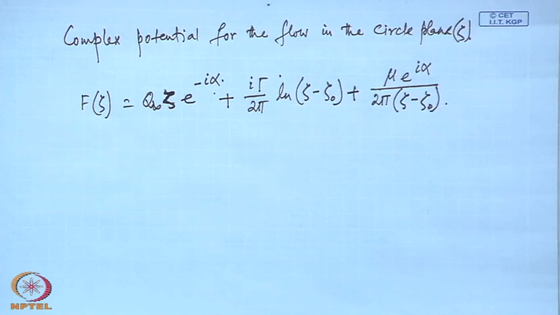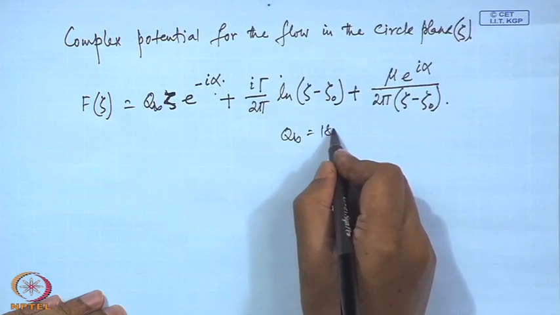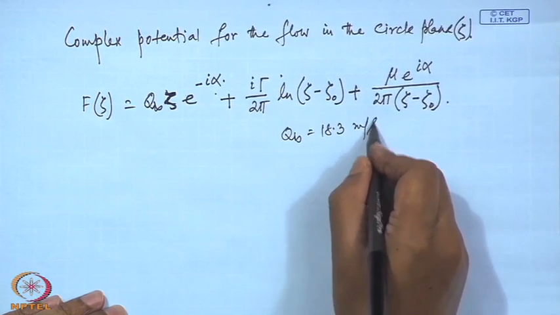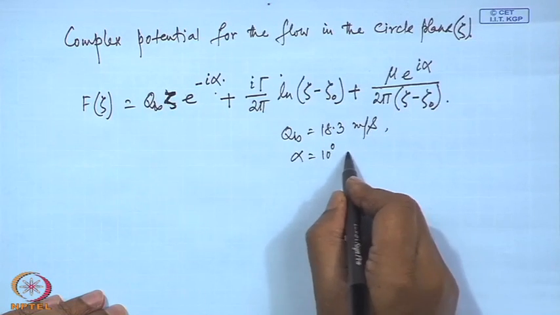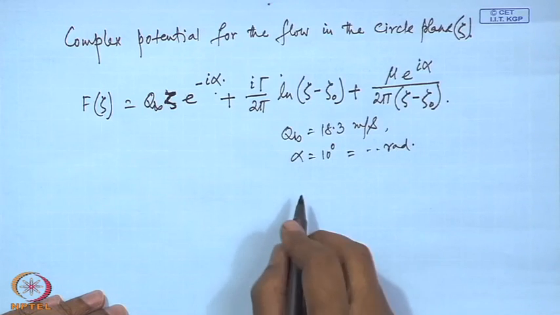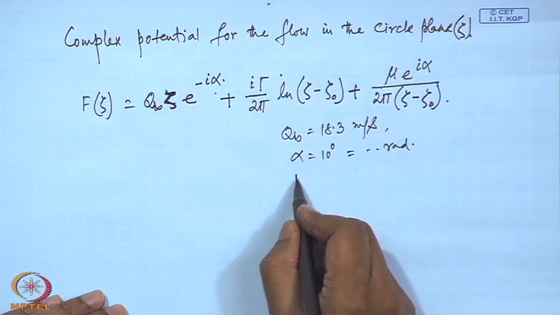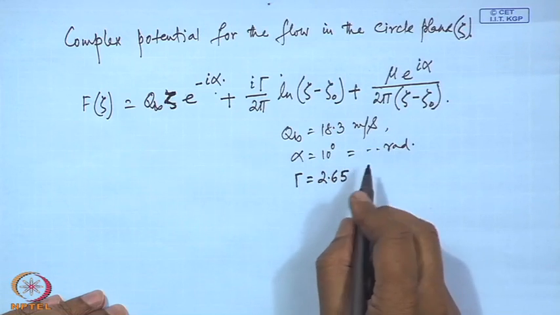We already have Q infinity 18.3 meter per second, alpha equal to 10 degree equal to some radian, gamma equal to 2.65.